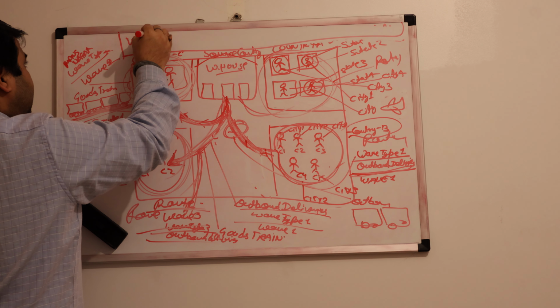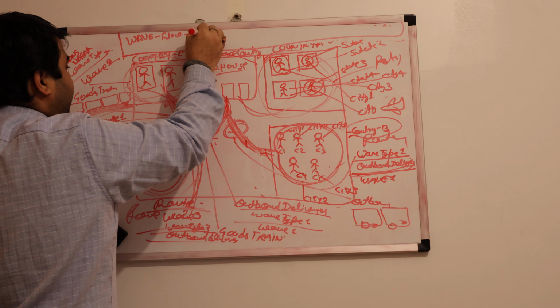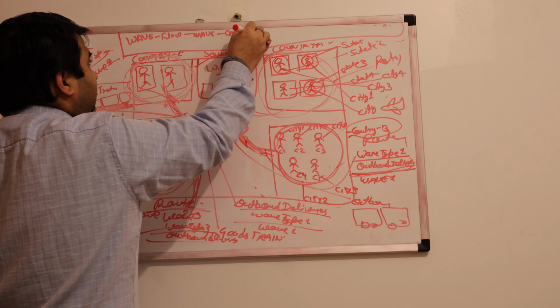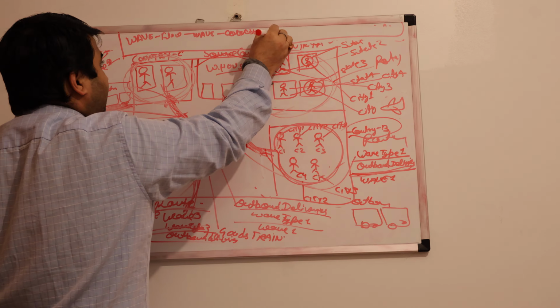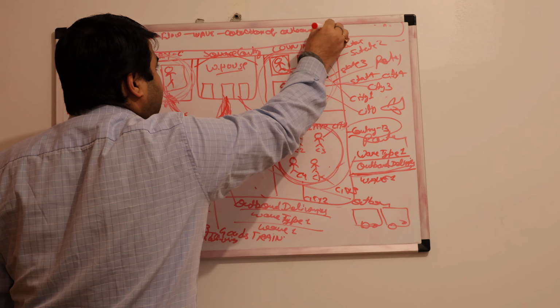Wave means flow. Flow means wave. It means a collection of something. What something? Outbound delivery.